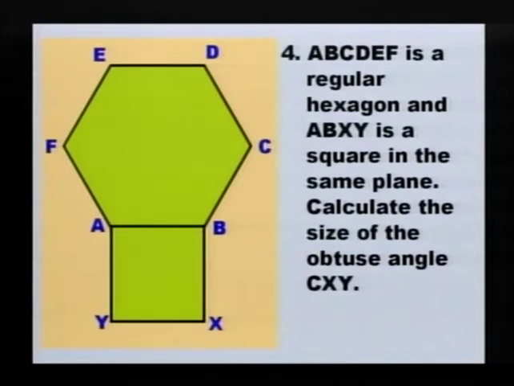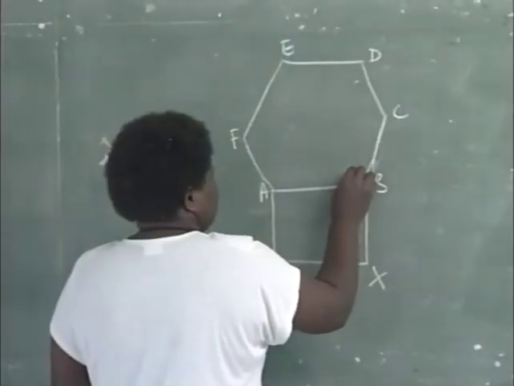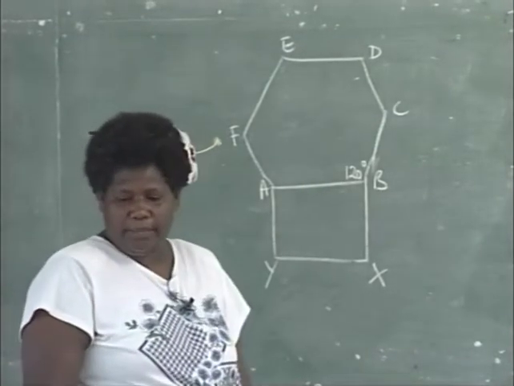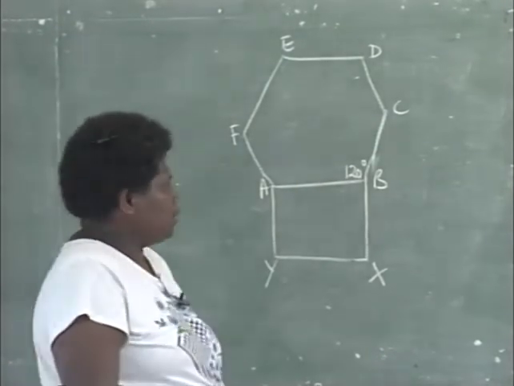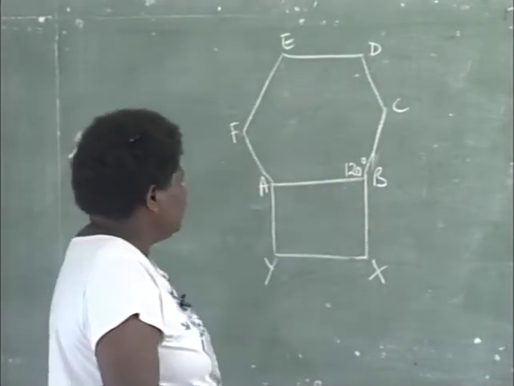A, B, C, D, E, and F, A, B, X, and Y. You all know that in a regular hexagon, each of the angles inside is equal to 120 degrees. Okay, you all know the formula, 180 multiplied by 6 minus 2, which is 4, divided by the number of sides. That will give us the angle.